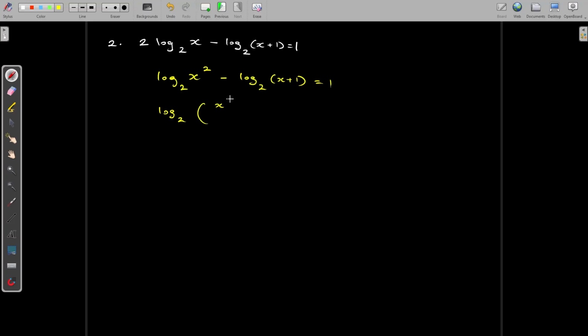Sir, 1 plus root 3. Yes. Any other answer? Sir, I have 1 minus root 3, but I can't use it. Why can't it be used? Because you can't log a negative.